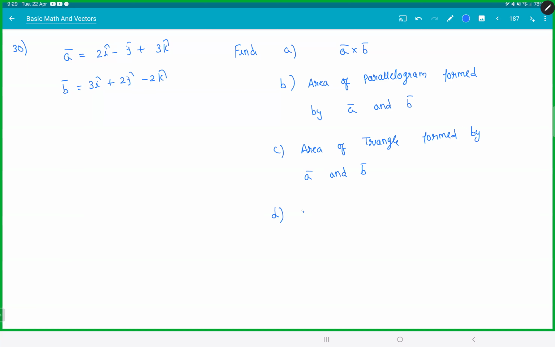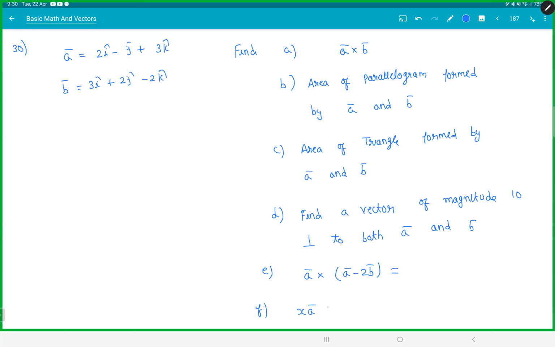Find a vector perpendicular. Find a vector of magnitude 10 perpendicular to both A bar and B bar. Find A bar cross A bar minus 2B bar, what is this?